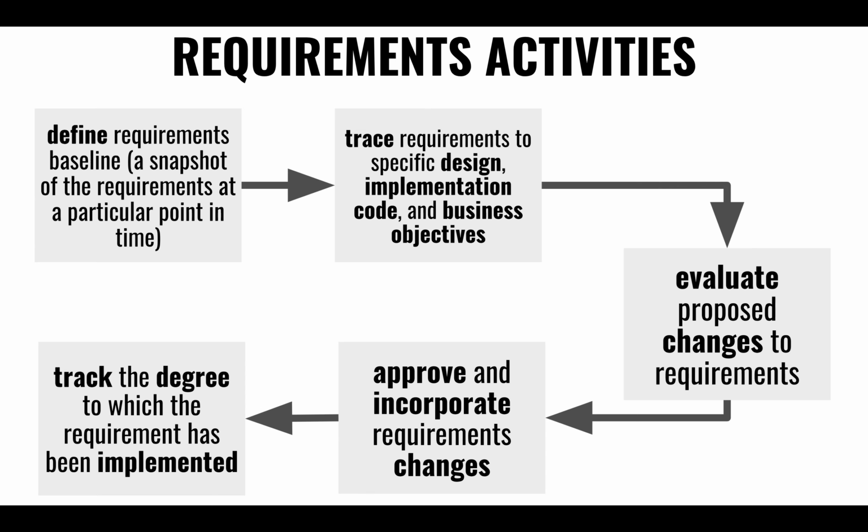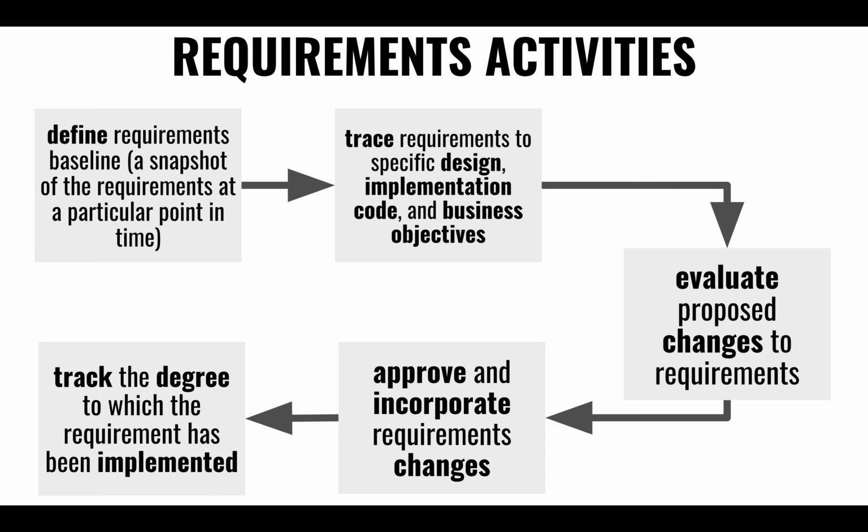Here it is, requirement 1, 2, 3, and you can trace it all the way down to every single line of code that was ever written for that requirement, right? So that you can say, yes, we did work on that requirement, and you can measure how far along you are in fulfilling that particular requirement. So traceability is very, very important, a measure of progress of meeting a particular requirement.